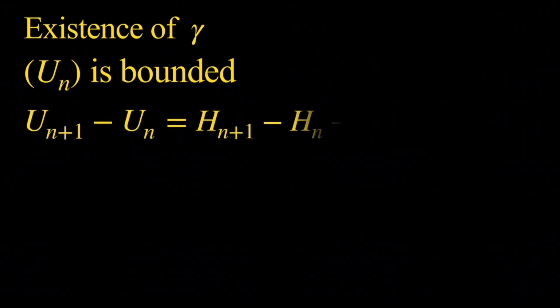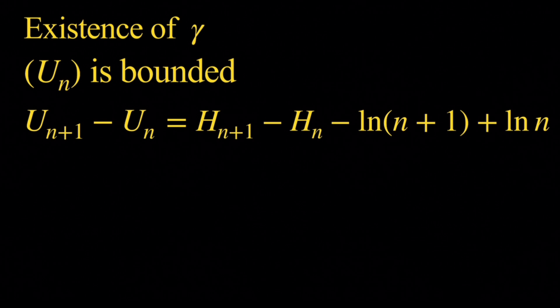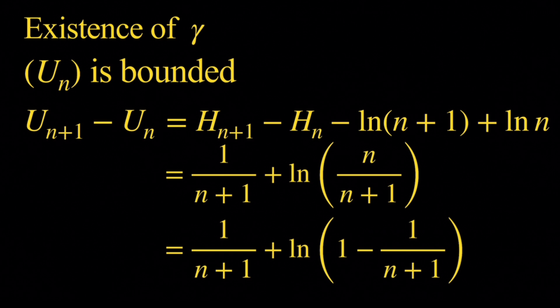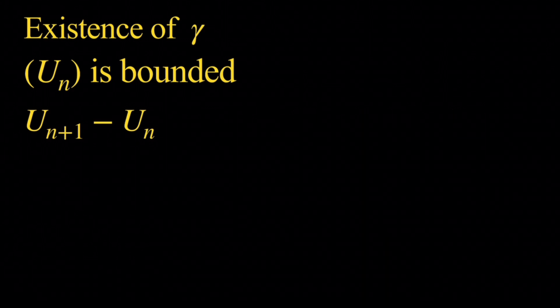So we are going to compute the quantity u_(n+1) minus u_n. Now, using the definition of H_n and using the quotient rule for logarithms, we get that this is equal to 1 over n plus 1 plus natural log of 1 minus 1 over n plus 1. Then we can use the power series expansion of natural log of 1 minus x, and we're going to get the following.